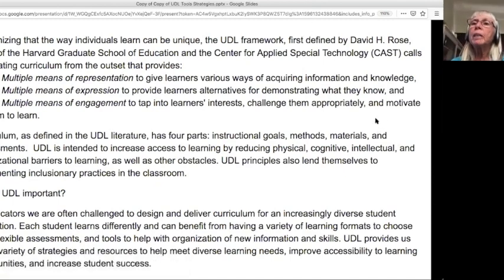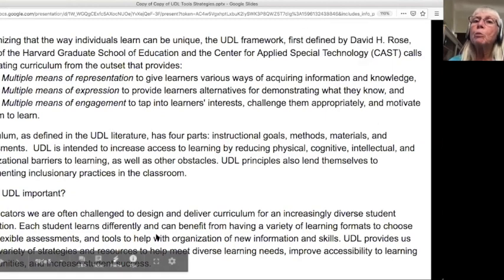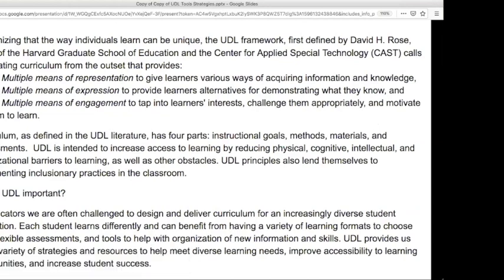These three principles are the foundation. We're going to give multiple means of representation, multiple means of expression, and multiple means of engagement. And that will allow as many teachers and students to share and learn together as possible.